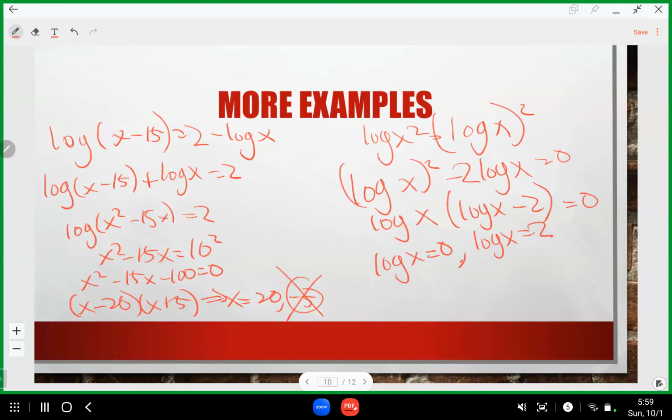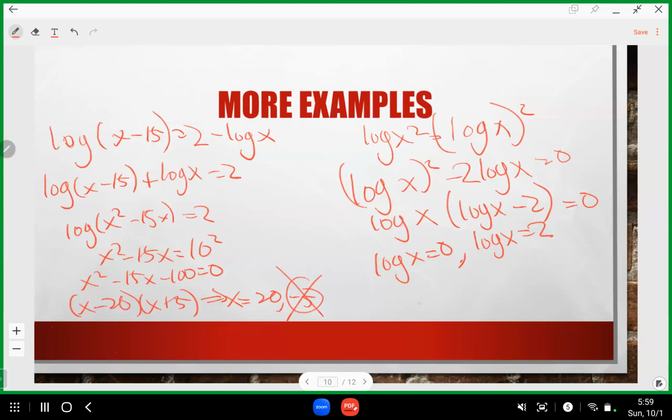So there are a couple of things you can have here. When log of x is equal to 0, that means what? Hold up a second. Can log of x ever equal 0?